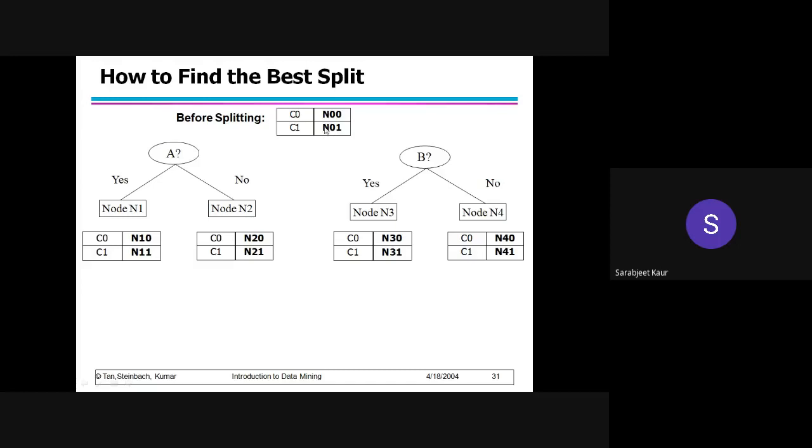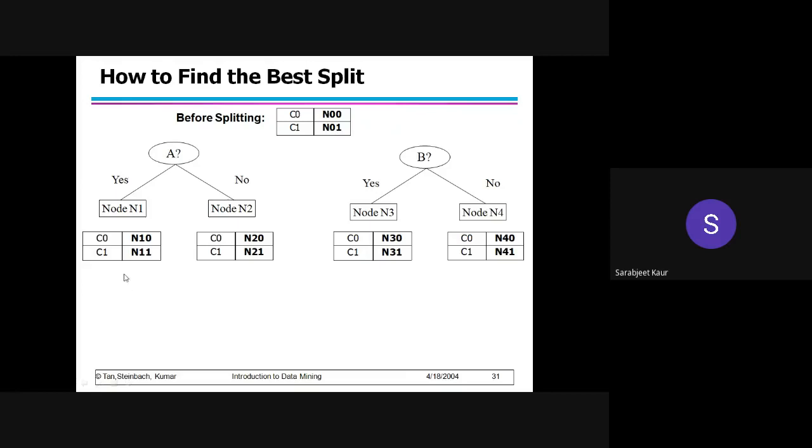These n's typically denote the number of instances, that is, the number of records that belong to class C0 at node N0. Similarly, N01 would denote the number of instances that belong to class C1 at node N0.